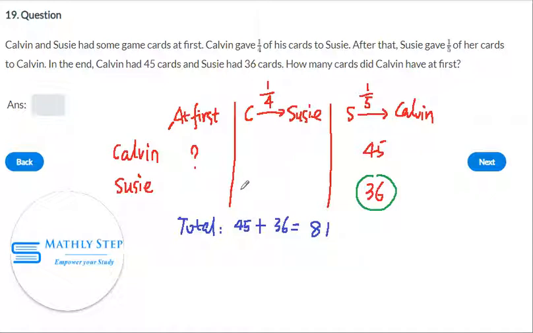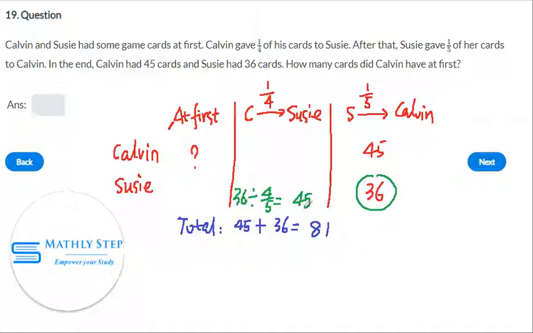So Susie has 36 divided by 4/5, and this is the cards that she has. And this is equal to 45.